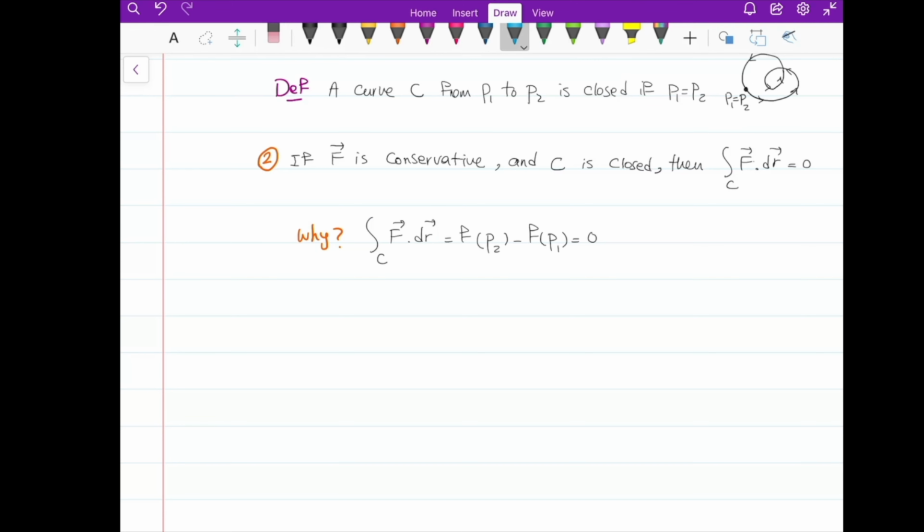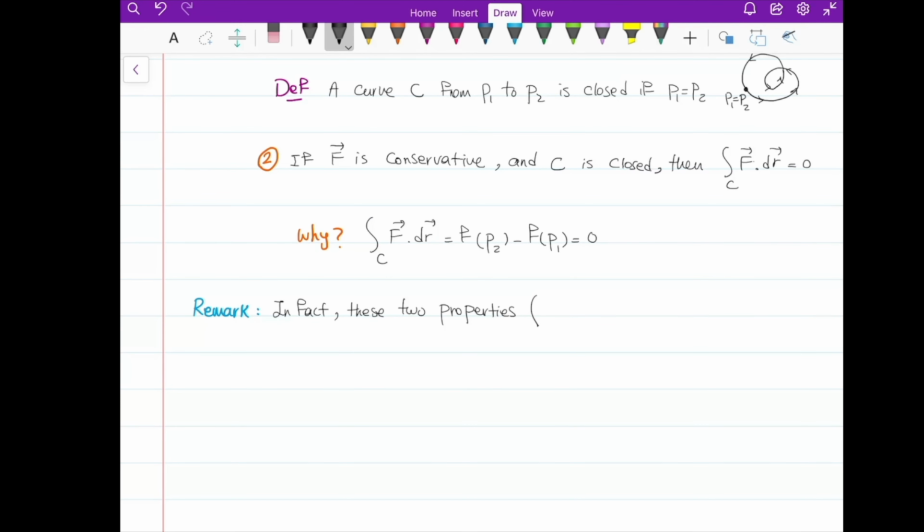Let me give you a remark. The remark is that, in fact, these two properties, which one?